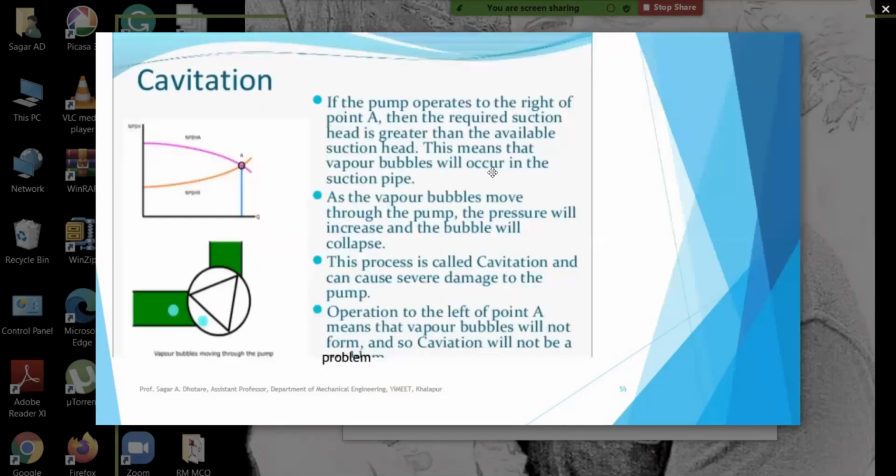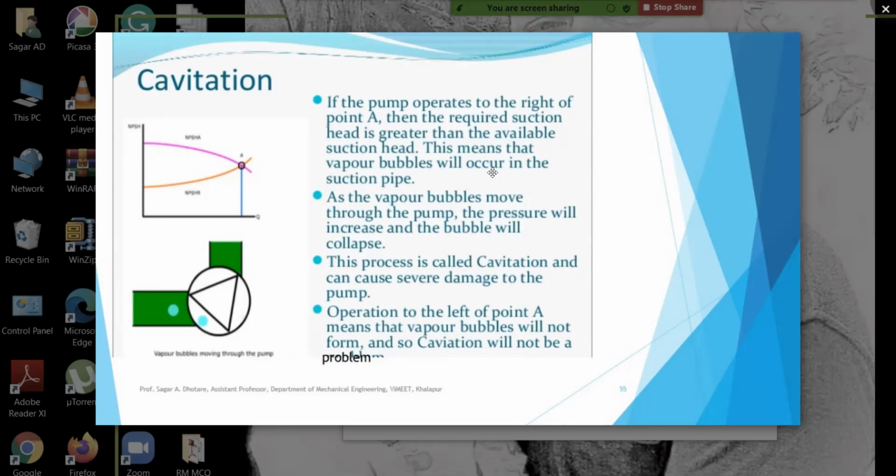velocity situation. Now, how are cavitation and NPSH related? In the figure, you can see where the NPSHA and NPSHR curves meet at point A. It means that there the vapor bubbles will not be formed, so cavitation will not be a problem at that point.